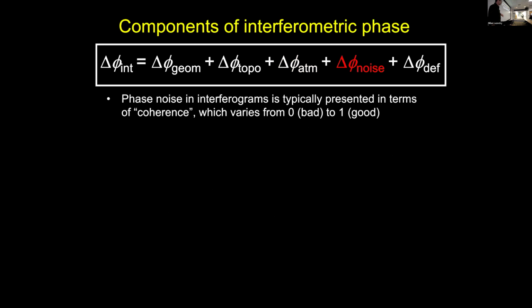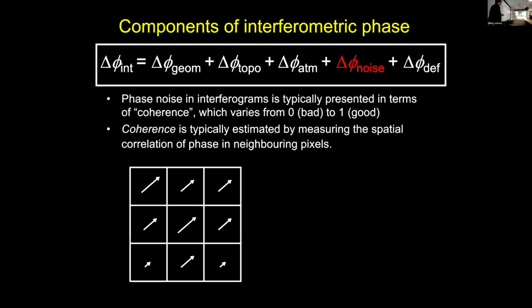That's a way we can measure or present the phase noise, and it varies from 0 coherence, bad, to 1, good. The coherence is a property of an individual pixel, but we can estimate it by looking at the spatial correlation of the phase between multiple pixels.